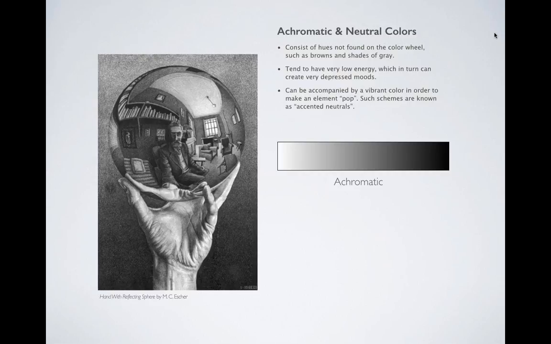It lacks the benefit of what color adds in allowing energy, interaction of the colors. So you don't get that. So it can easily be very low energy and depressed. Doesn't necessarily have to be depressing. There are certainly some very elegant black and white images. But you just simply don't have the advantages that we've discussed with picking colors to create those impressions.